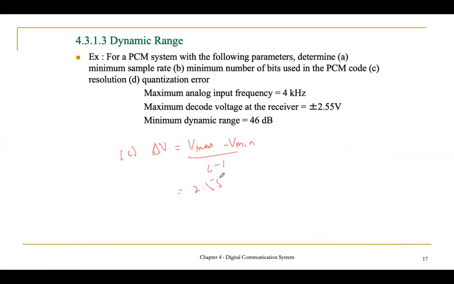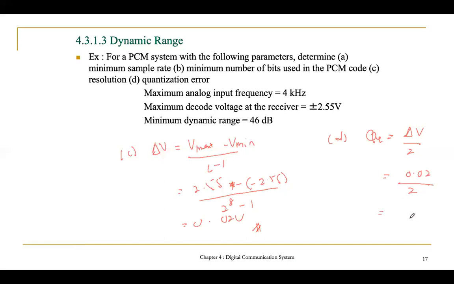So 2.55 minus negative 2.55 divided by 2 to the power of 8 minus 1, and you will get 0.024. And the last one is the quantization error, QE. QE is delta V over 2. So delta V is 0.02 divided by 2, so the error is 0.010. Okay, so this is the answer for example 1 for chapter 4.